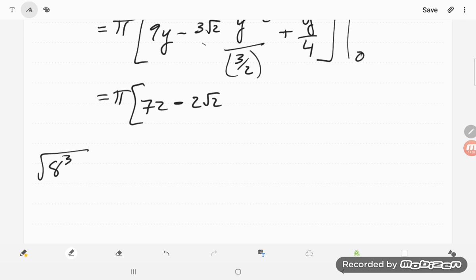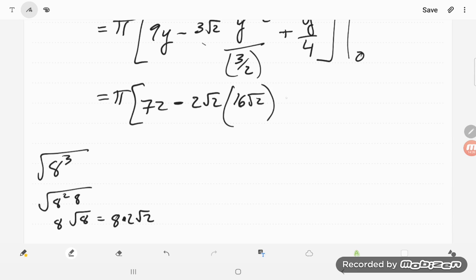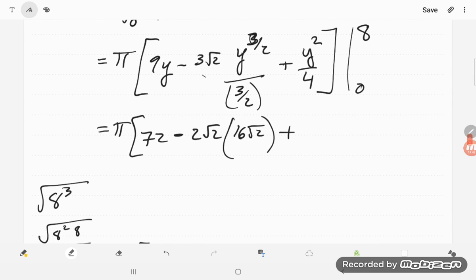So that is the square root of 8 squared times 8, and so that's 8 times the square root of 8, which is 8 times, well, 8's 4 times 2, so that's 8 times 2 times the square root of 2. So after all that, here we have 16 times the square root of 2, and then plus, and we have our 8 squared, so 64 over 4 is 16.